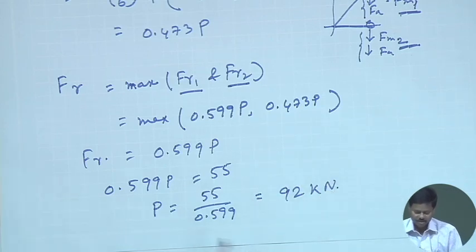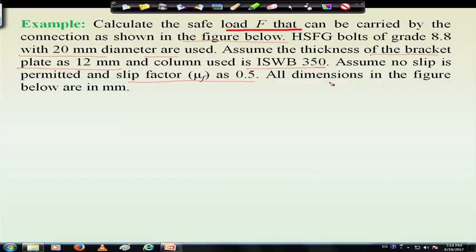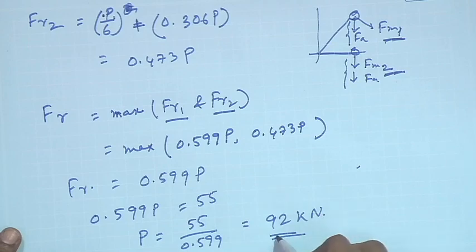That means, to withstand the load on this arrangement of bolts, we can apply a maximum value of P as 92 kilonewton at a distance of 180 mm.